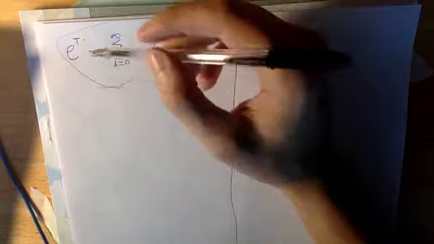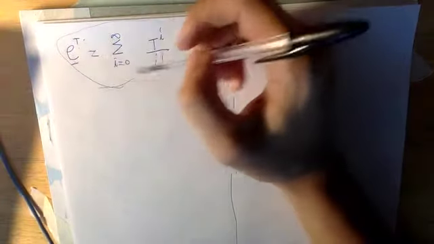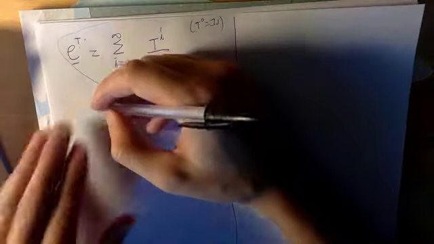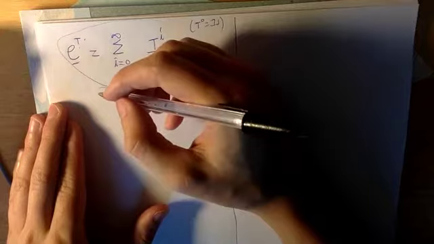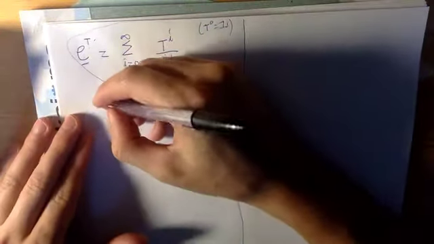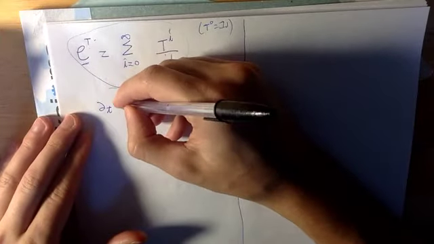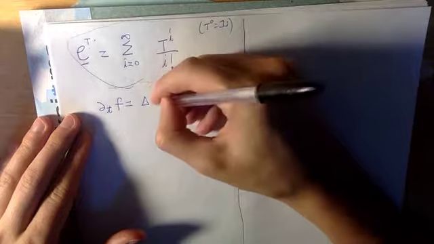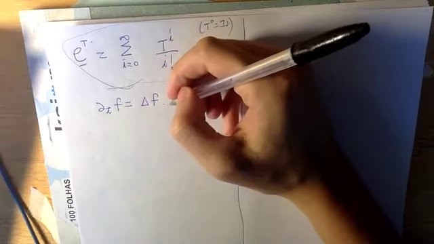Sometimes people use this notation when you're trying to use the power series of something. In particular, the heat equation is like looking at the exponential. If you look at the ODE, dt of f is equal to the Laplacian of f.